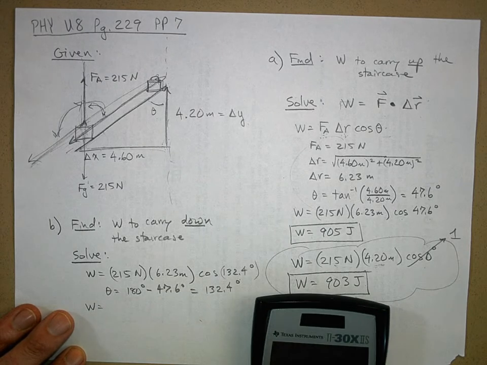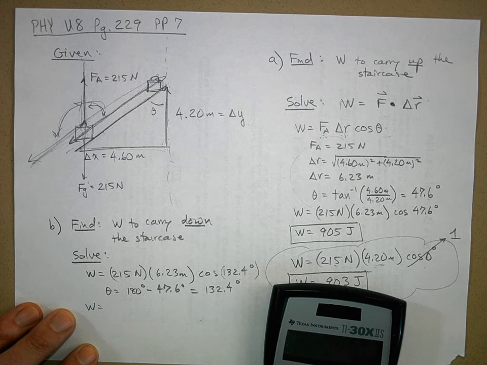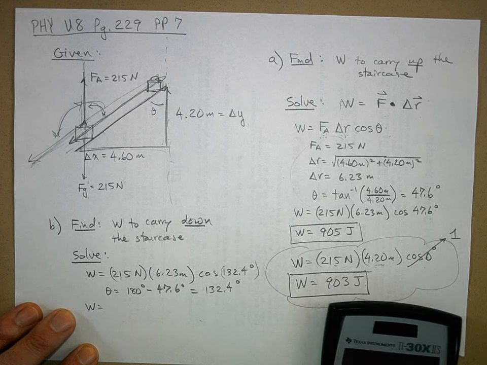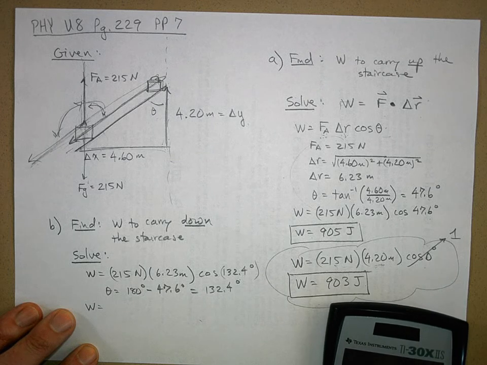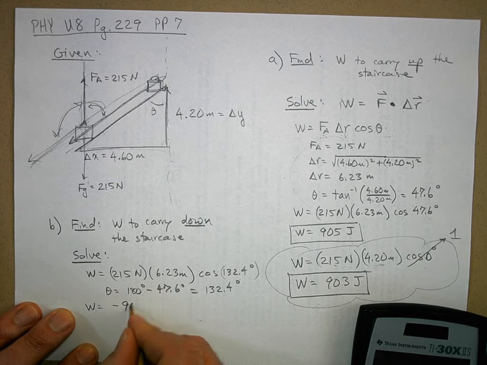Here's my calculator. So I go 215 times 6.23 times the cosine of 132.4 degrees, and I get, oh, that's interesting, negative 903 joules.